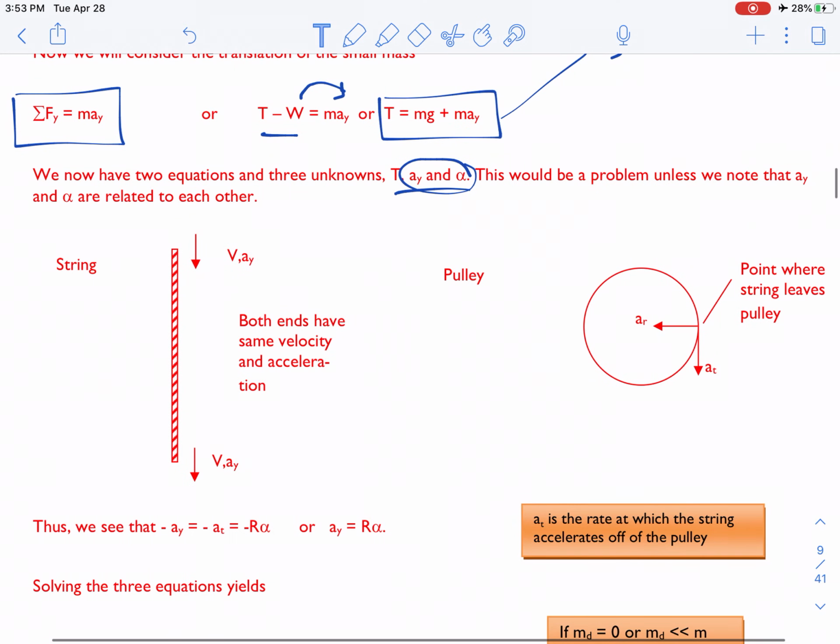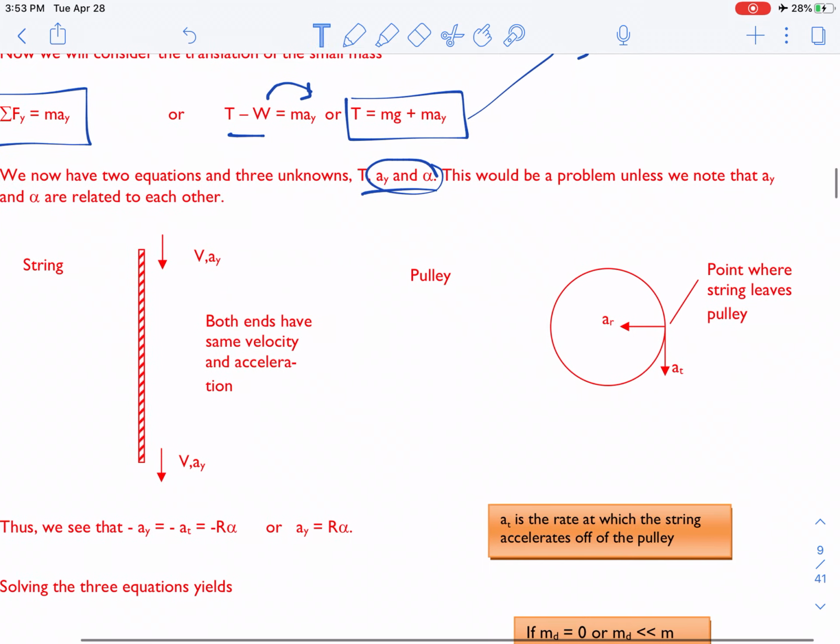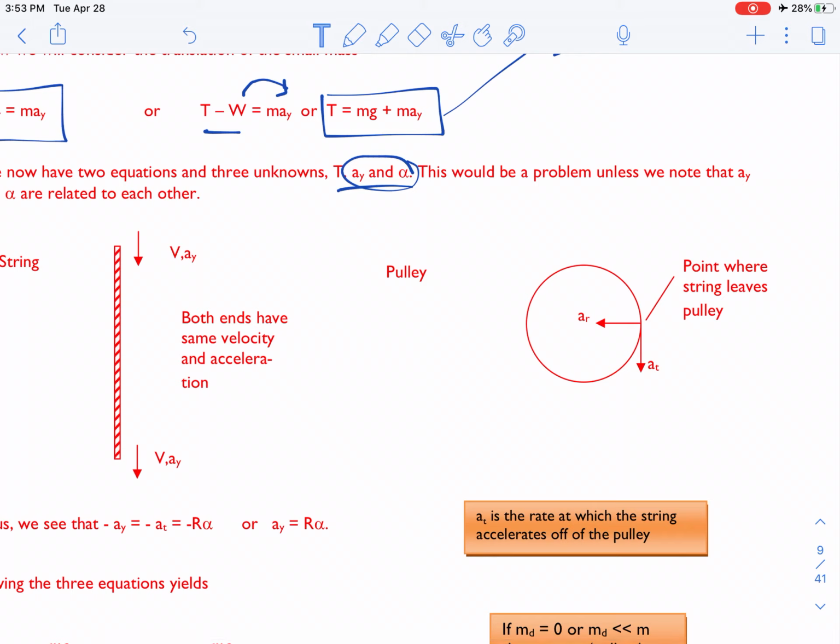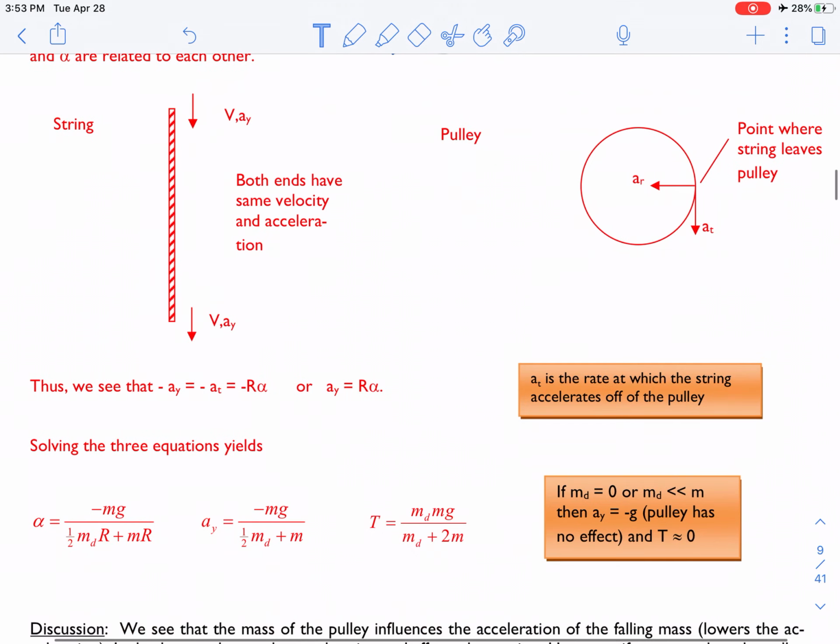Okay, and so we have this string here. Both ends have the same velocity and acceleration. For the pulley, this is the point where the string leaves the pulley. So that's where the tension starts, right? So you have the radial acceleration and tangential acceleration.